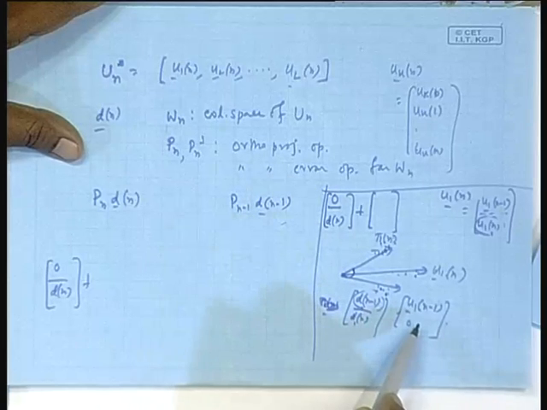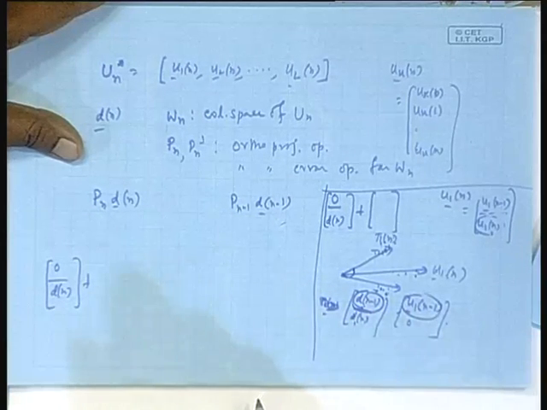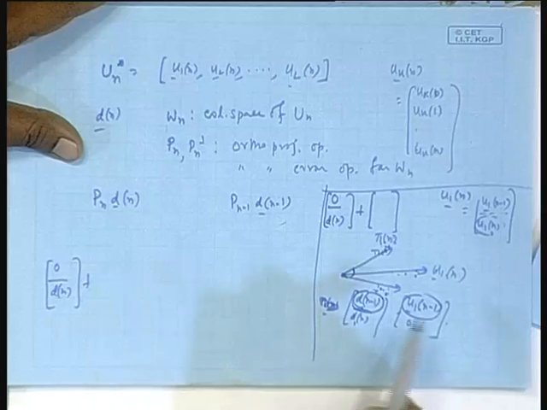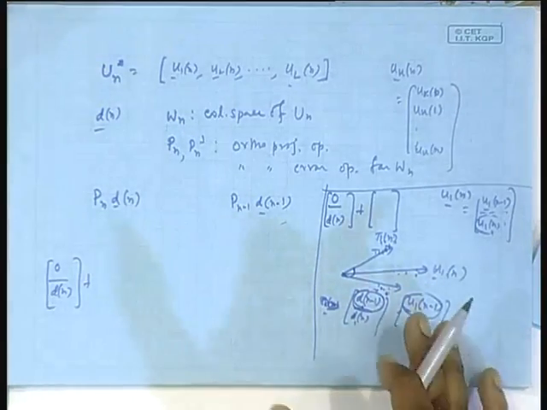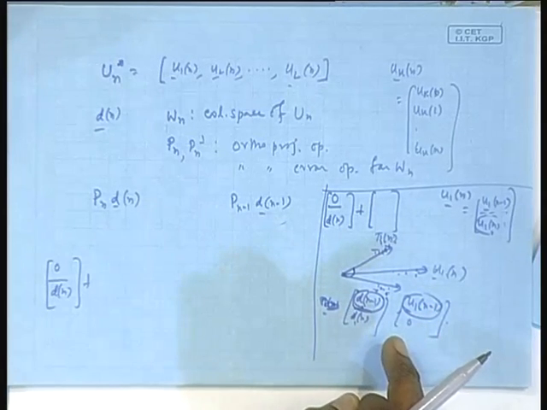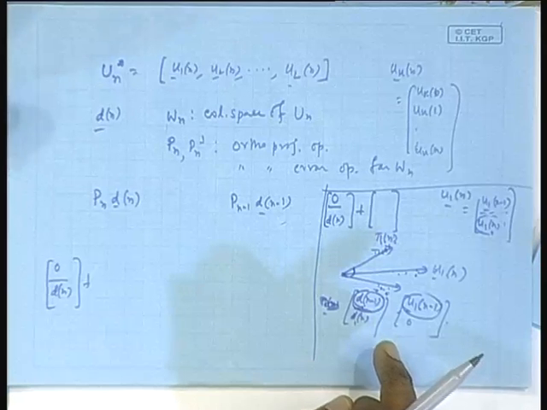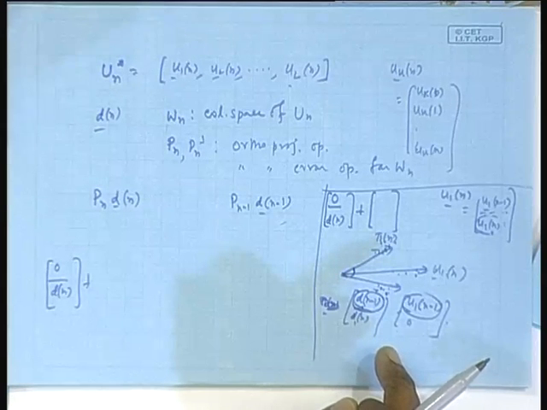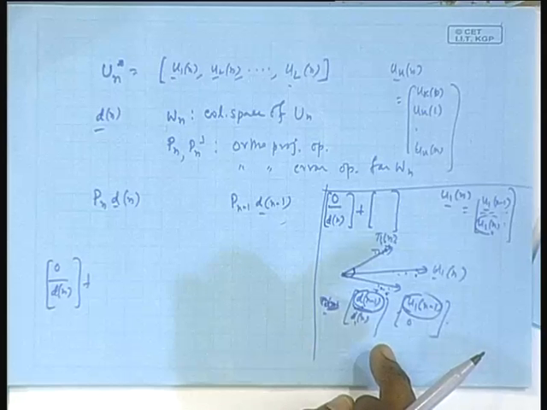Inner product between these two means what? Lambda times inner product between this and this. Norm square means norm square of this ratio. So, isn't it what you get when you are doing the same projection at n minus 1th index, as though d n minus 1 vector was to be projected on u 1 n minus 1 vector, isn't it?